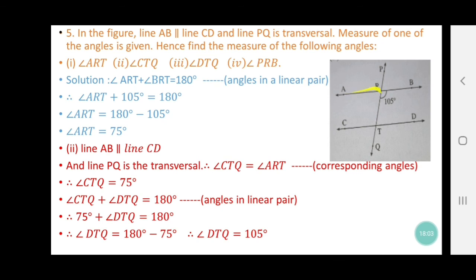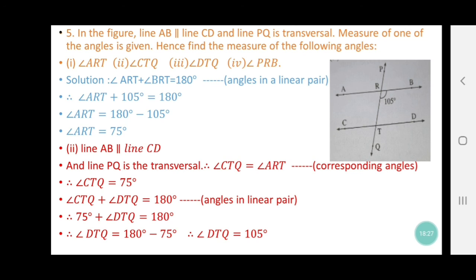Angle ART plus angle RBT is equal to 180 degrees, angles in linear pair. So angle ART plus 105 is equal to 180 degrees. So angle ART is equal to 180 minus 105, so angle ART is equal to 75 degrees.